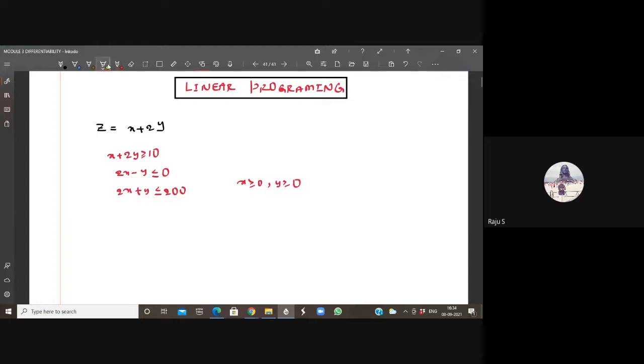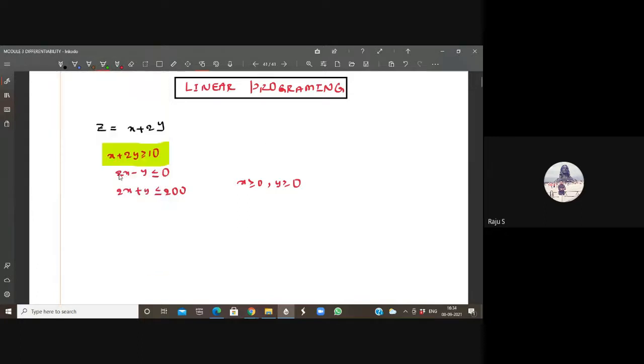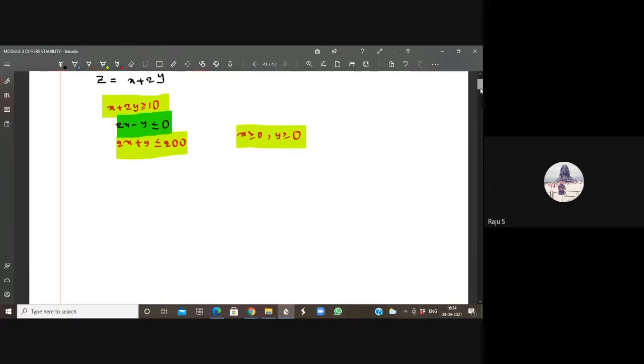So here the given constraints are x plus 2y greater than or equal to 100, then 2x minus y lesser than or equal to 0, and 2x plus y lesser than or equal to 200. And these are the non-negativity restrictions. I'm going to take them one by one.